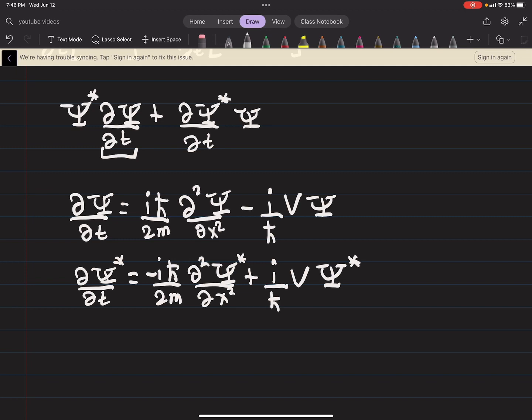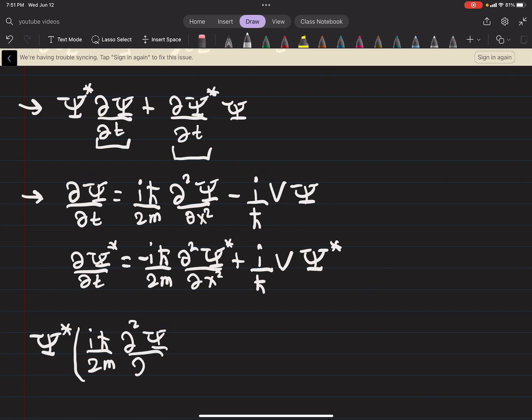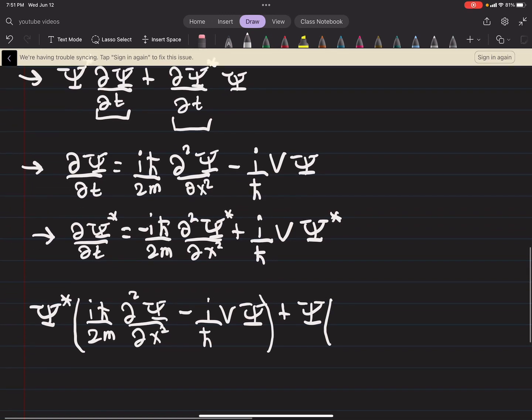So we can plug all of this into our equations here. So we have psi star times the time derivative of psi, which is right here. That's i h bar over 2m, the second derivative of psi with respect to position, minus i over h bar, the potential times psi, plus psi times the time derivative of psi star.